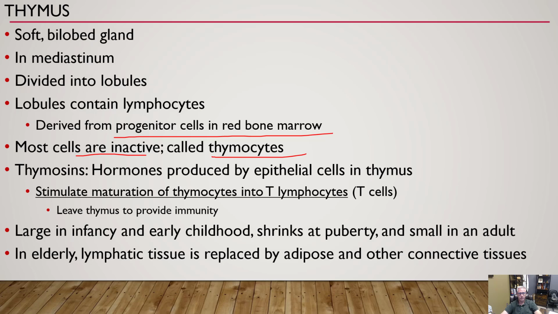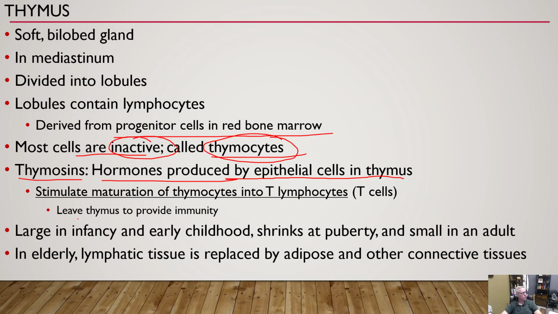However, we do know that your thymus does produce these things called thymosins, and those are the hormones that are going to be produced by epithelial cells in the thymus. So how do the thymocytes get activated if they are typically inactive?